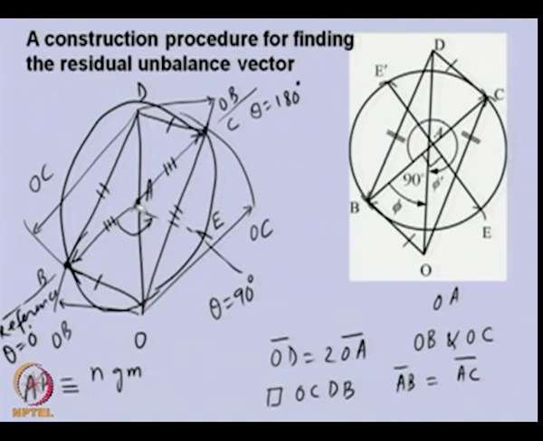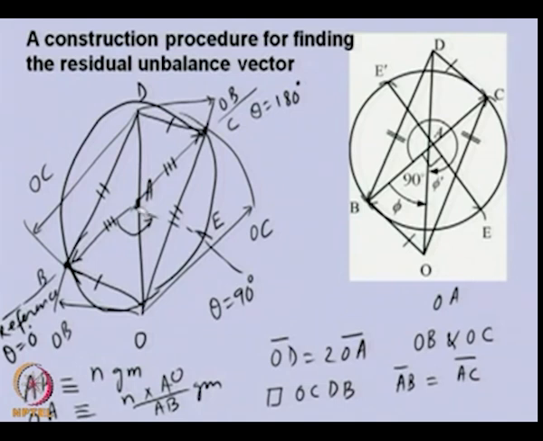AO is the measurement which we took without any trial mass. That means this is the effect of the residual unbalance. So we can measure OA from this diagram, and find the equivalent unbalance in the form of grams.